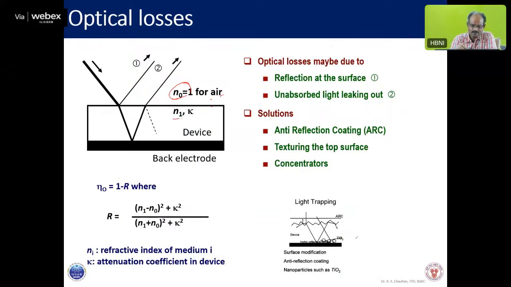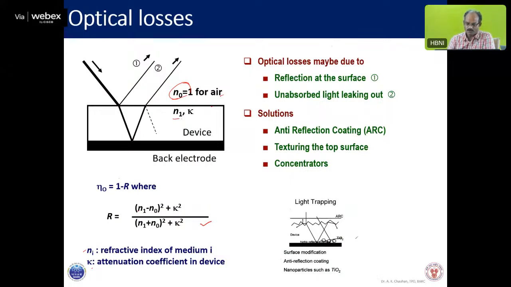So suppose you have glass, then a certain amount of light will be reflected, and how much will be reflected you can calculate by this formula: ((N1 minus N0) squared plus K squared) over ((N1 plus N0) squared plus K squared), where N is the refractive index of the medium and K is the attenuation coefficient of the device.